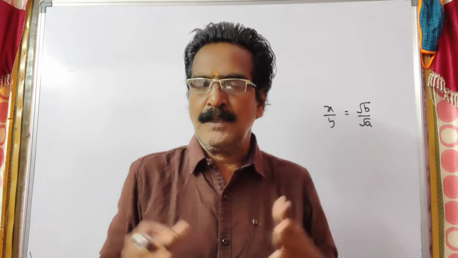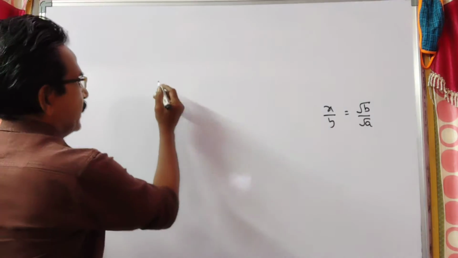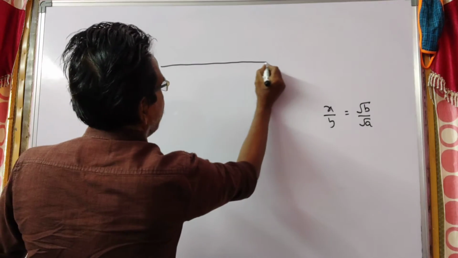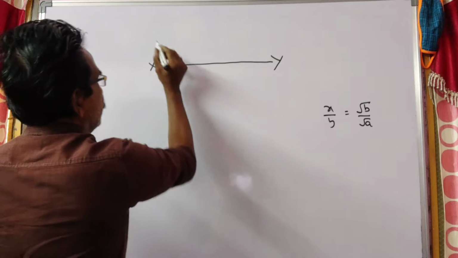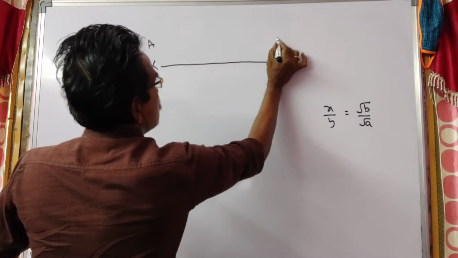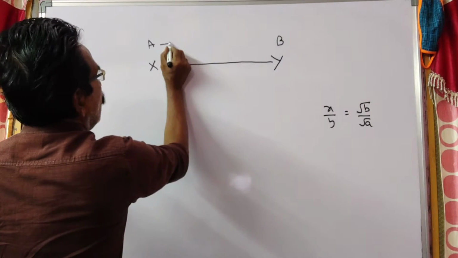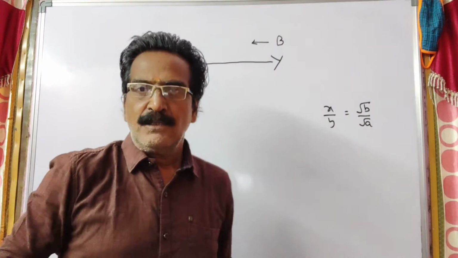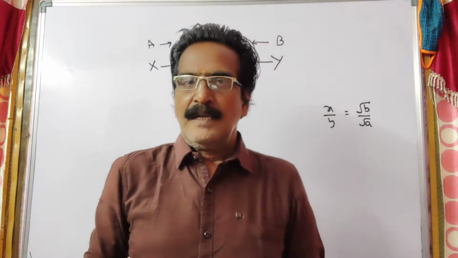The problem is given in the description box, friends. What is the problem? Two trains A and B start from stations X and Y towards each other.